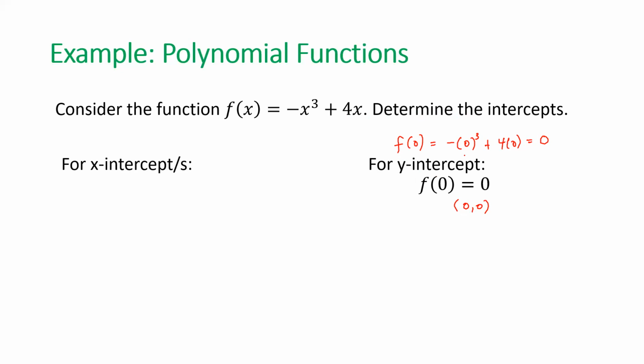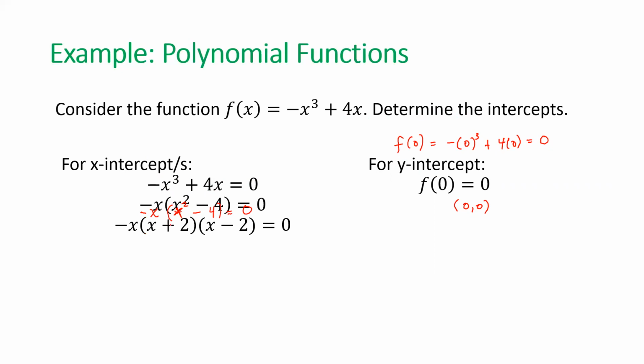Now for the x-intercept, we will equate negative x cubed plus 4x to 0, and then we factor out negative x, and then we get negative x times x squared minus 4 is equal to 0. So x squared minus 4 can still be factored as x plus 2 times x minus 2.